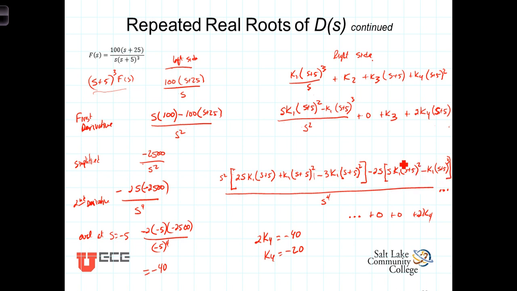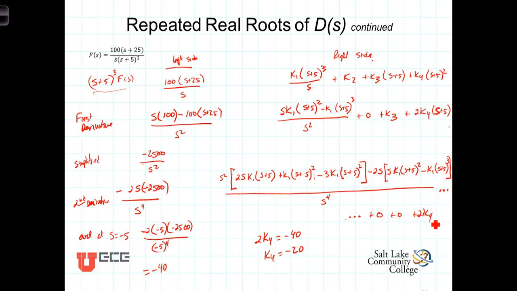Here is the numerator of that term there, all divided by the denominator squared. So this whole thing right here is just the derivative of this term. We have then, continuing on down here, the derivative of 0, of course, is 0. The derivative of k3, the constant, is 0. And here, the derivative of this with respect to s is just 2 times k4.